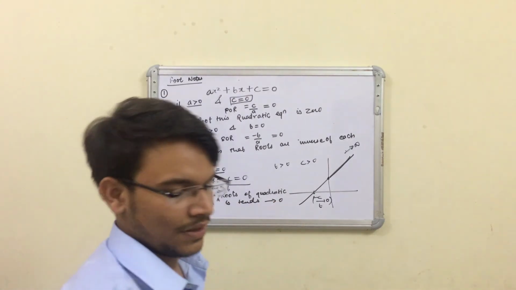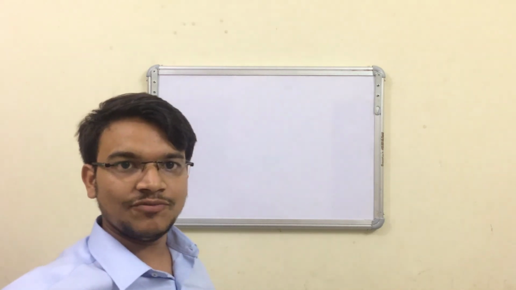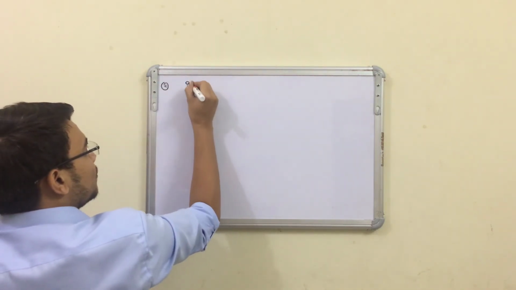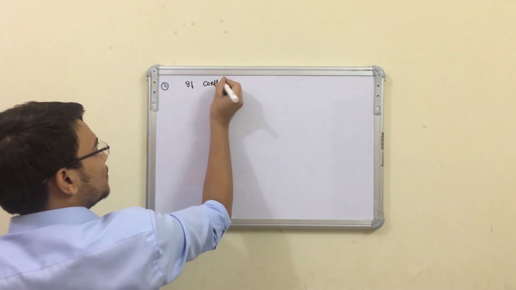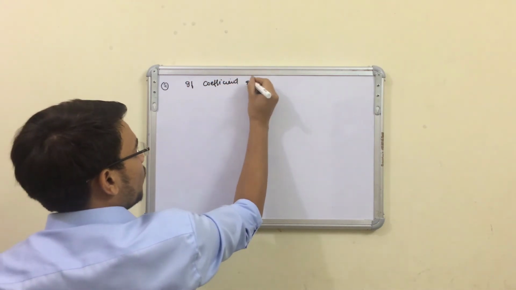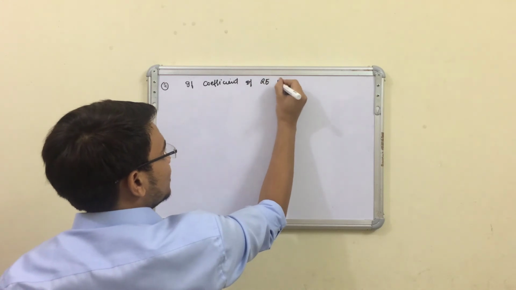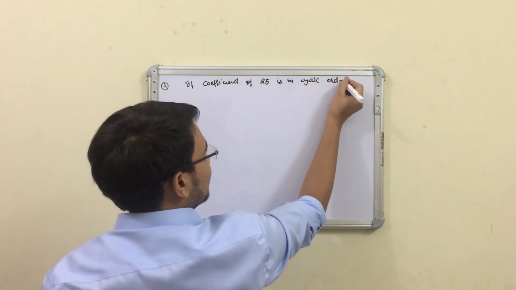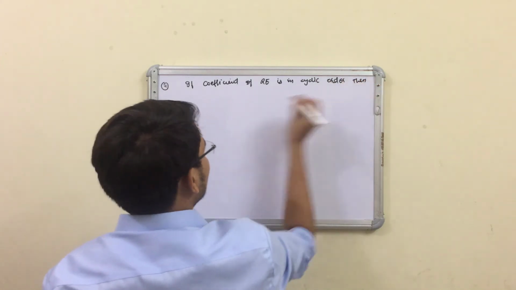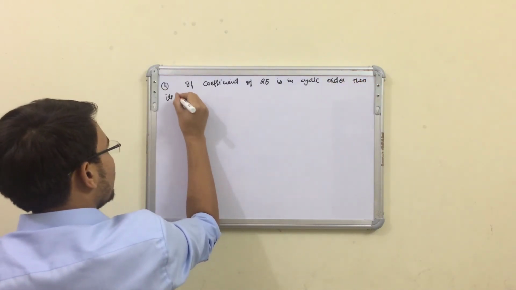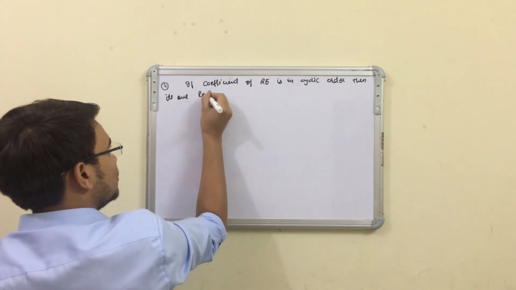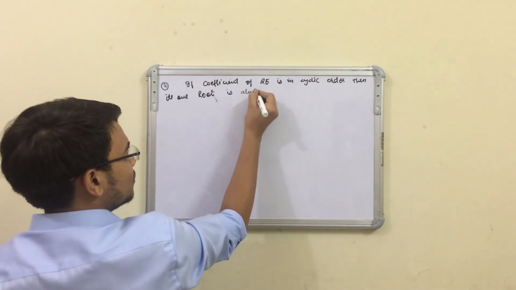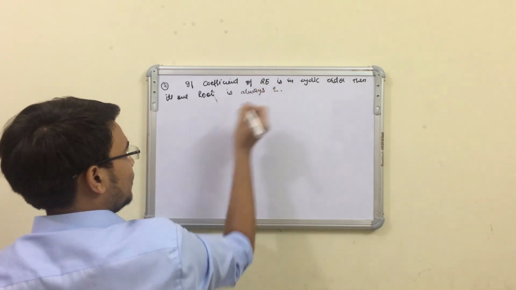Okay, the fourth footnote. Now we move on to the fourth footnote. The fourth one is, if the coefficients of a quadratic equation are in cyclic order, then one root is always 1.